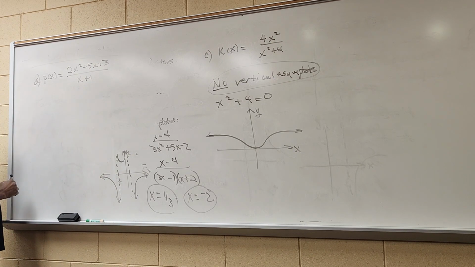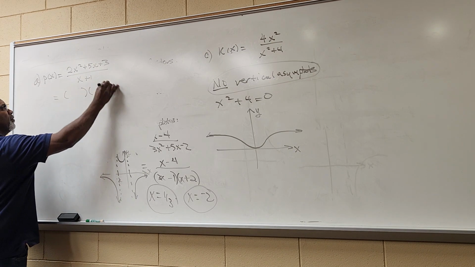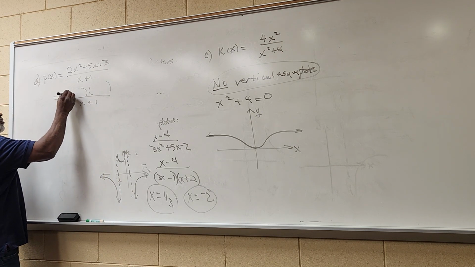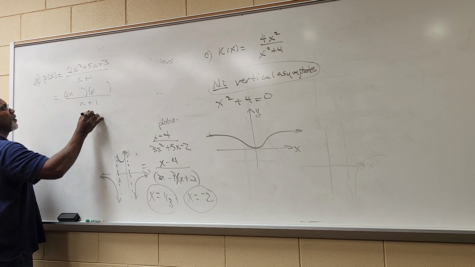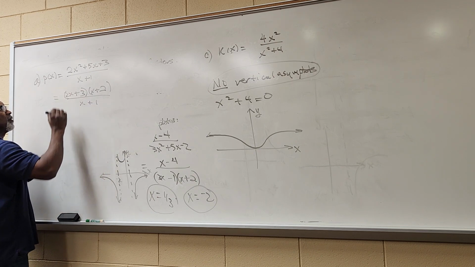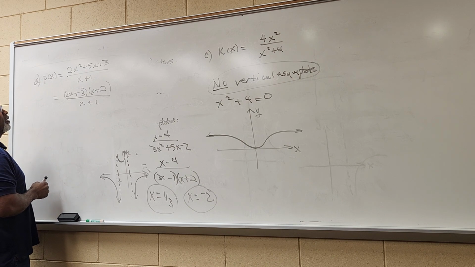I want to know my vertical asymptote. So again, factor completely. Can't do anything at the bottom. That is a 2x and an x, no way around it. I need a 3 and a 2, a plus and a plus. Is that right? X squared, 3x, no, that's not right.